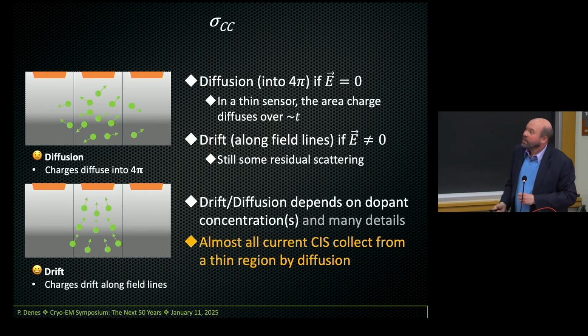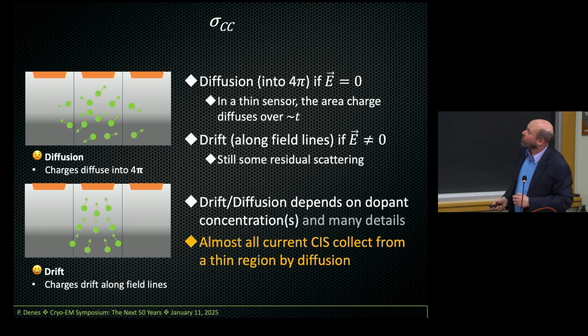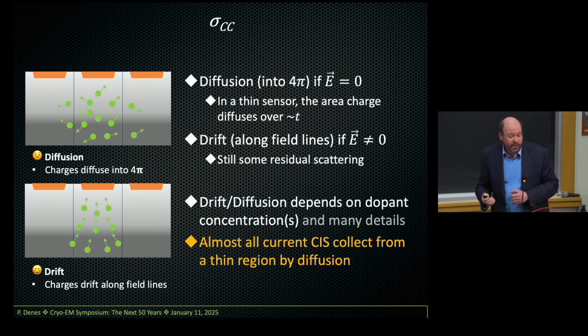If you can create an electric field here, then these charges will drift in a straight line, and so you collect them better. Doing this depends on changing dopant concentrations and a bunch of other details, so it's typically not done. So almost every sensor collects charge by diffusion, but we can gain if we can collect charge by drift.